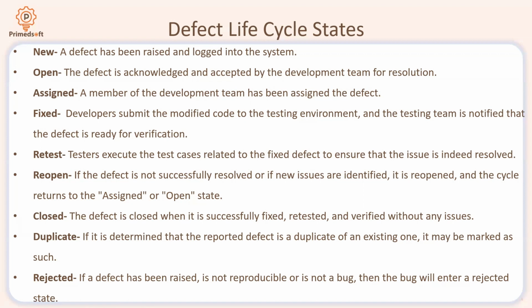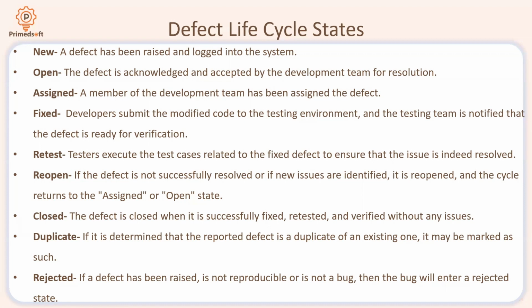Now it goes into a different state, which is open. The open state means that the defect is acknowledged and accepted by the development team for resolution. So once you've raised that bug and they say, yes, we've accepted this as a bug, it becomes open.